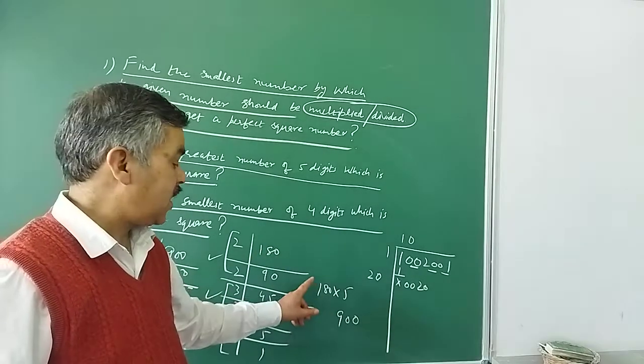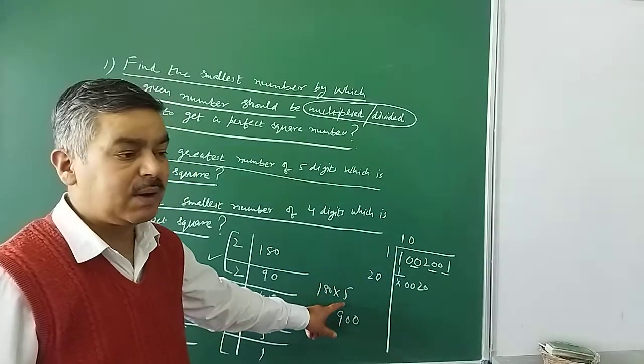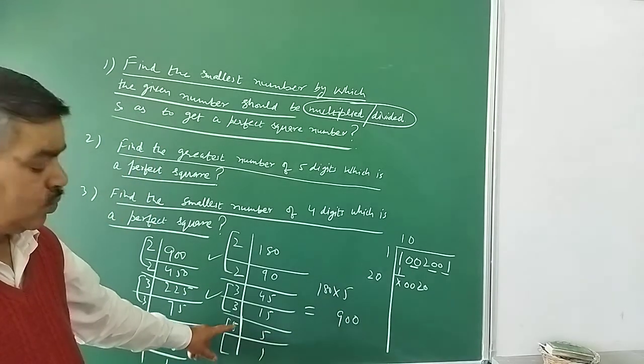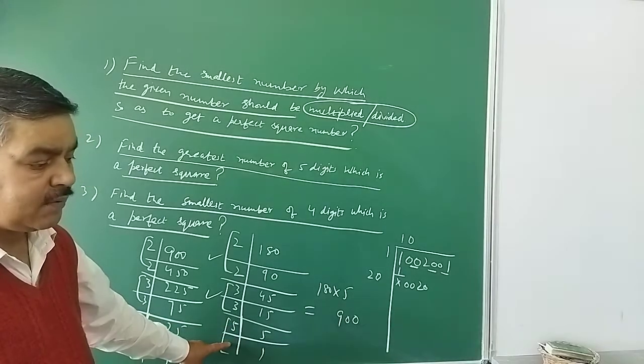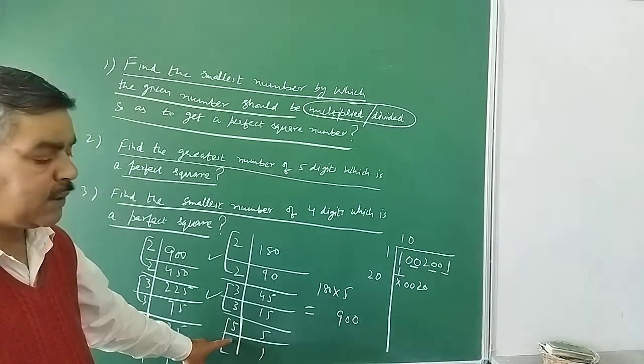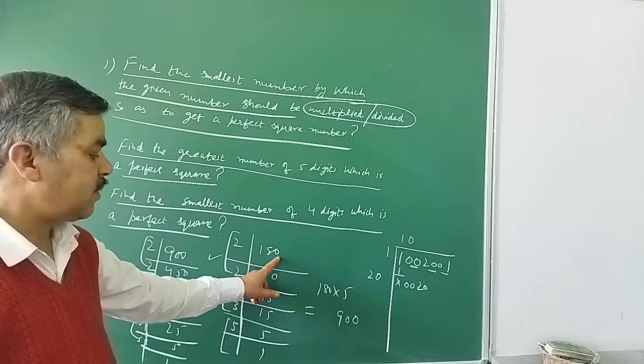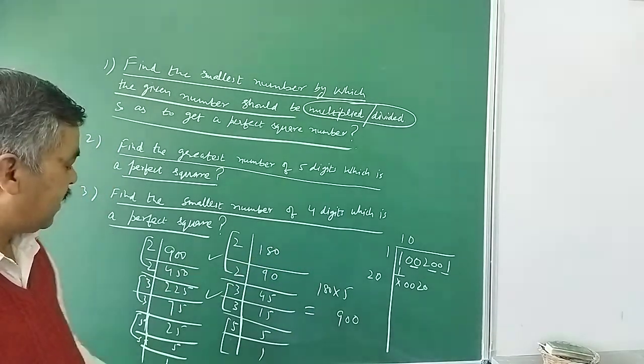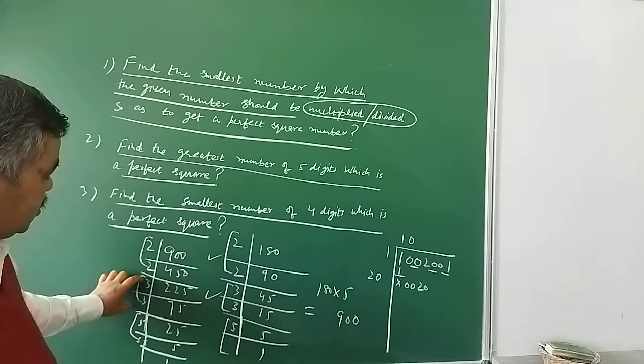Why? Because I need to multiply this 180 by 5. Because 5 was alone there. To make it a pair with 5, 5 fives are 25, so I need to multiply by 5. So when I multiply 180 by 5, it becomes a perfect square, with pairs of 2, 3 and 5.